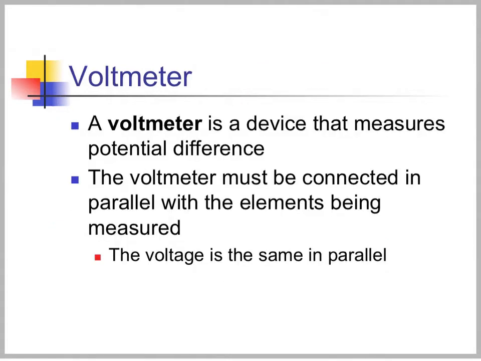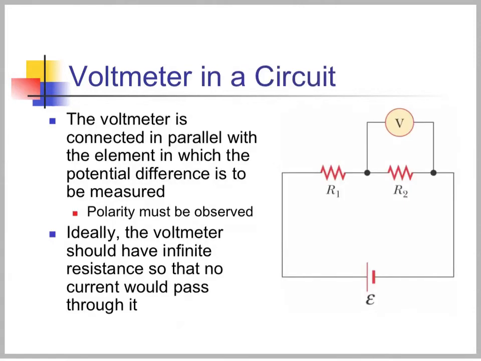A voltmeter is a device that measures a potential difference. And voltmeters have to be connected in parallel with the elements being measured. The voltage, remember, is always the same in elements connected in parallel. So in this case, if we wanted to find the voltage across R2, the voltmeter is connected in parallel with R2.